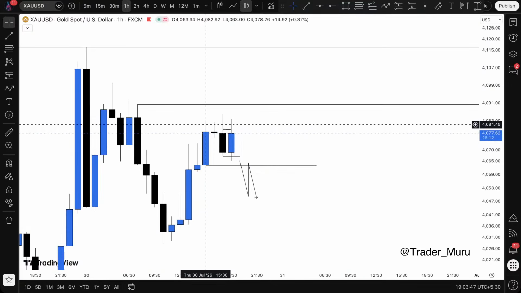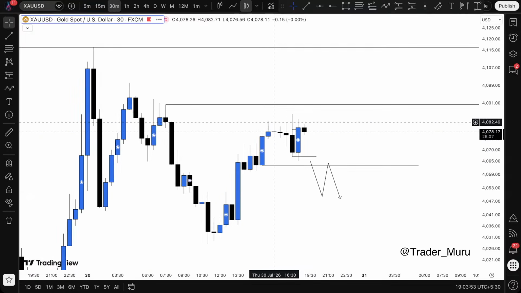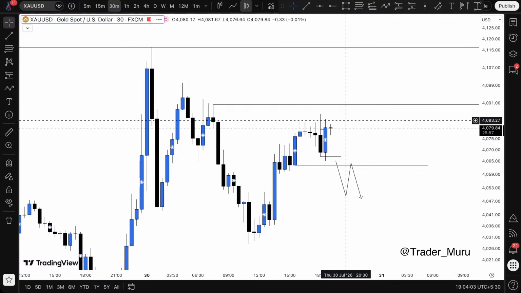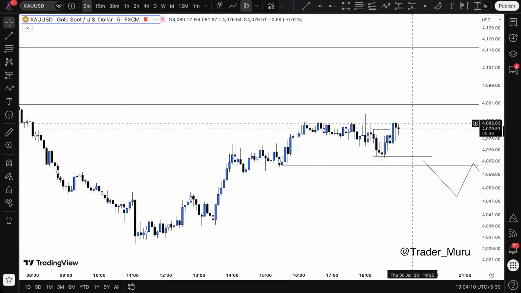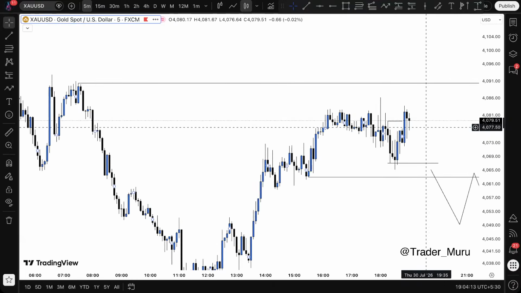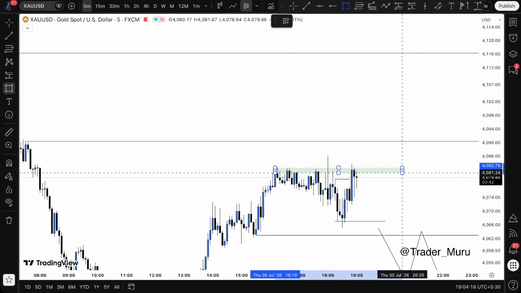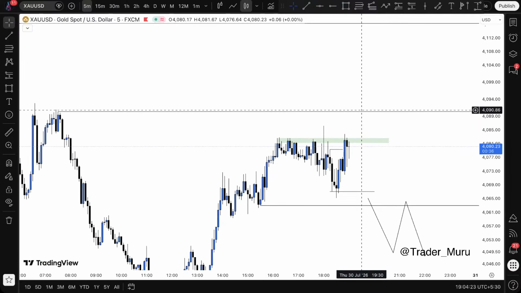One hour is still bullish. 30-minute is in retracement, but bullish. 15-minute back bullish. 5-minute bullish. It can break, retest and pump again.